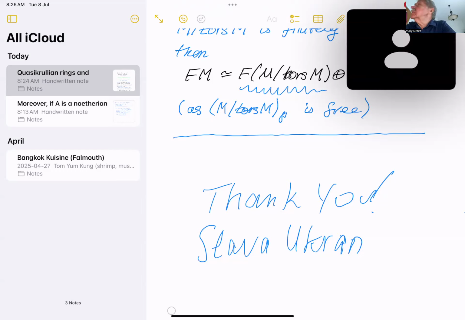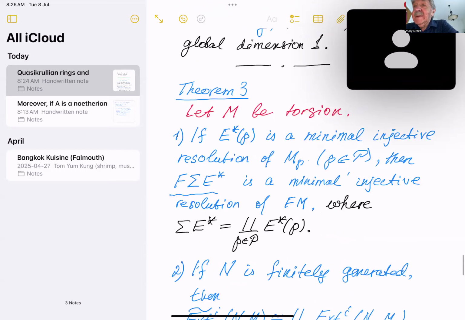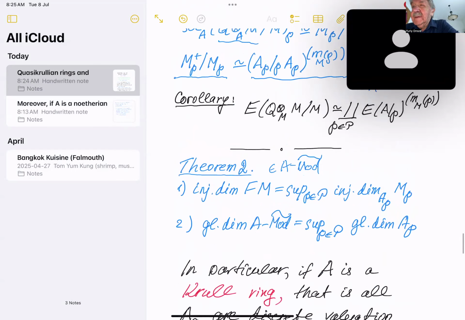Can I ask a question about the global dimension? So this is theorem 2 or 3. Is it true that the global dimension is either 2 or infinity? You mean theorem 2? Yes, theorem 2 about the global dimension. So my question is, is the global dimension 2 or otherwise infinite?